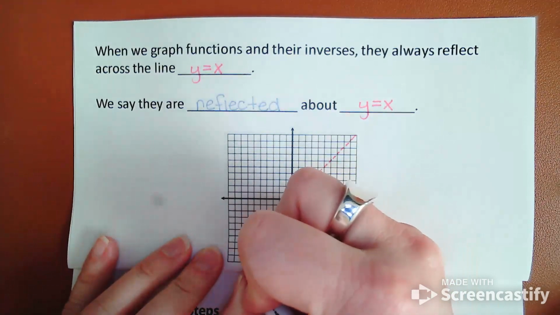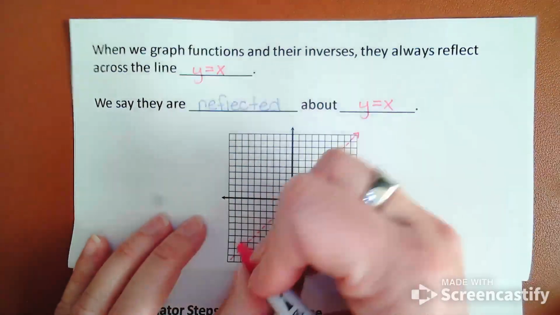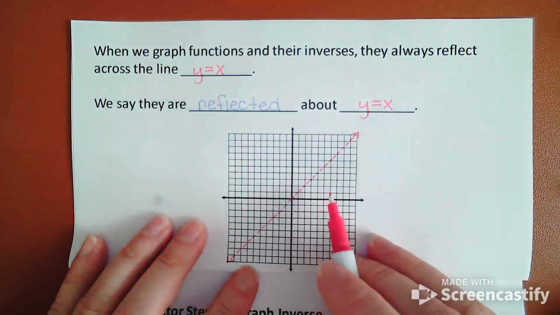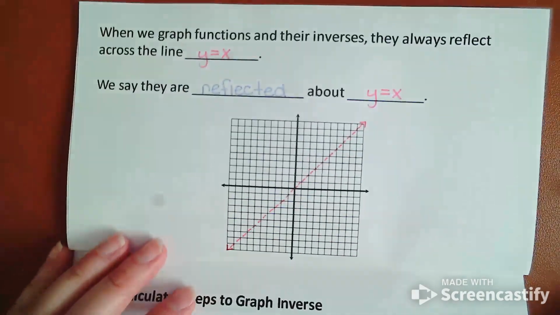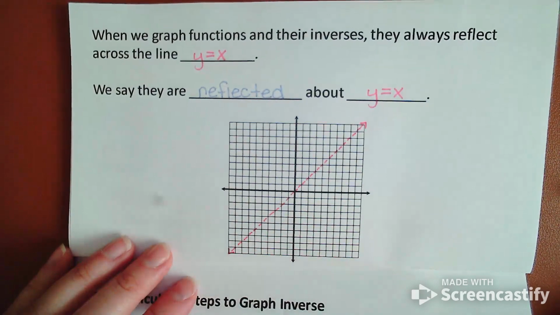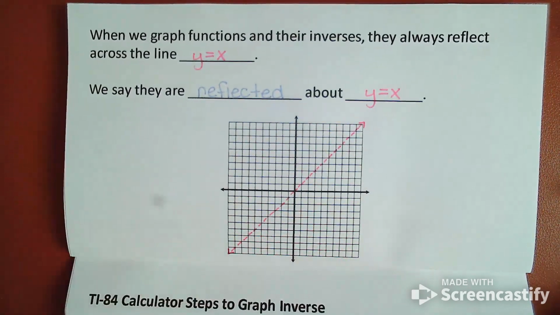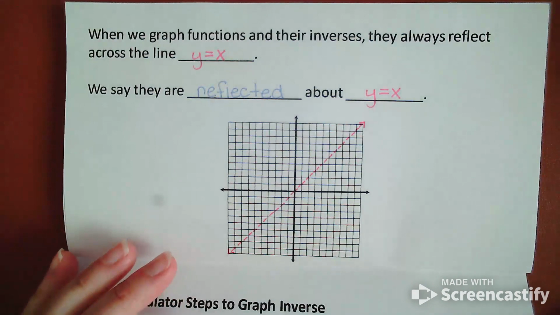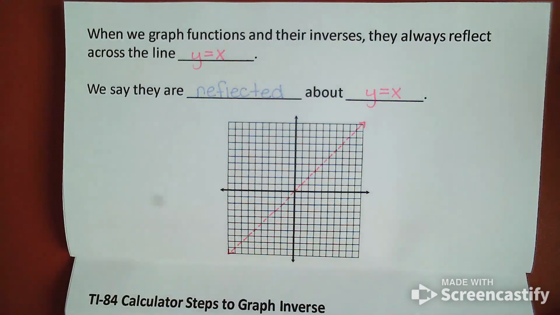It's a line whose slope is 1, so you just go up 1 over 1, up 1 over 1, and again, it is intercepting there at the origin. And so inverses are going to be perfect reflections of one another.